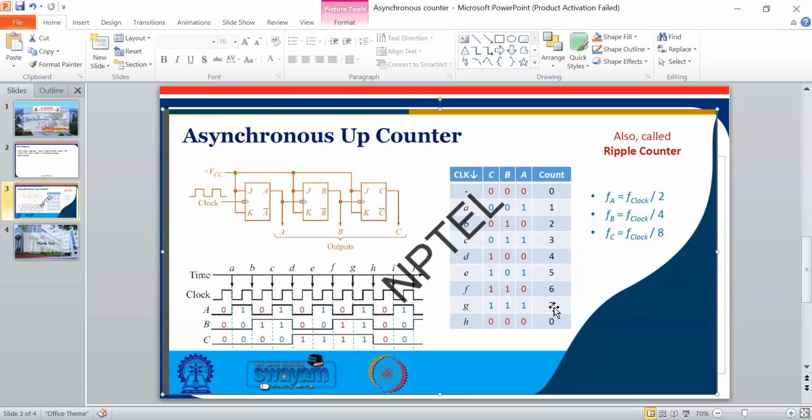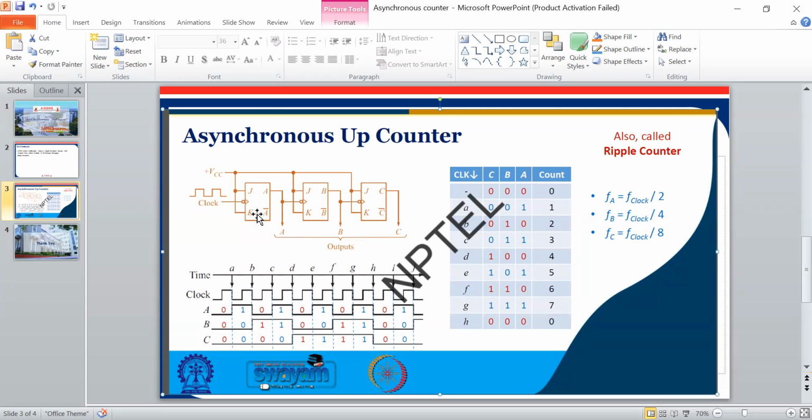When we are using 3 flip-flops, it will be a 3-bit counter, and the maximum number of counts will be 2 raised to power 3, that is 8. So we will get total 8 counts with the help of 3-bit asynchronous counter.